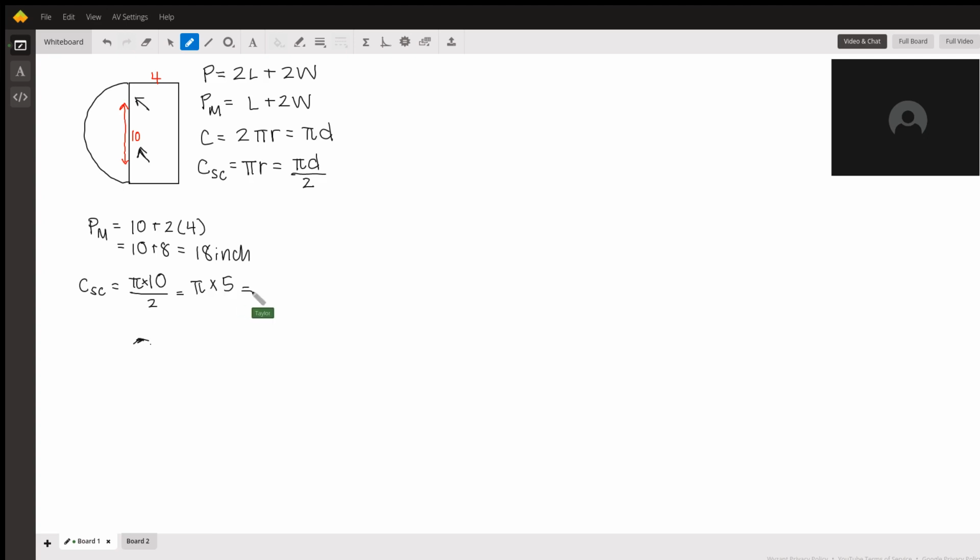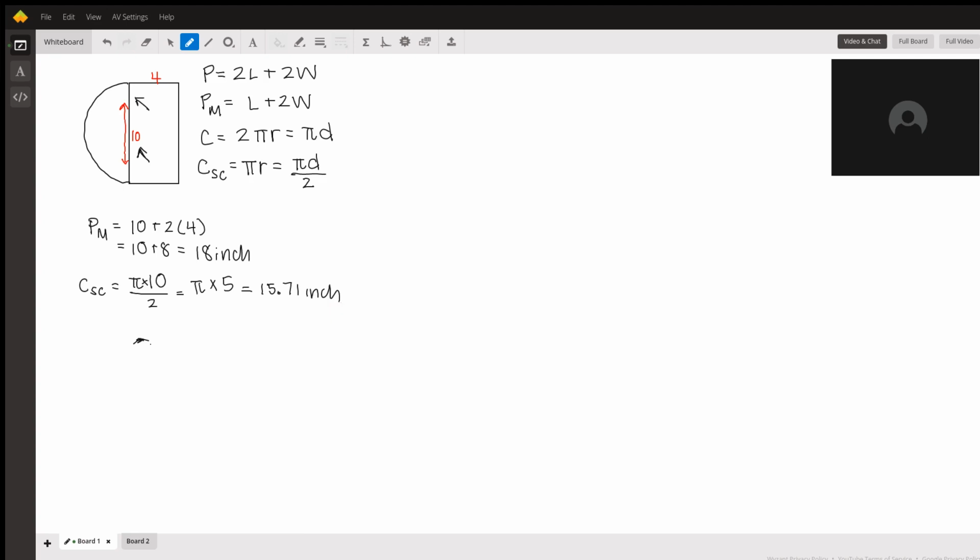And that is going to be 15.71. Okay, so 5 times pi is 15.71 inches. And this question asked us to round to the nearest hundredth.